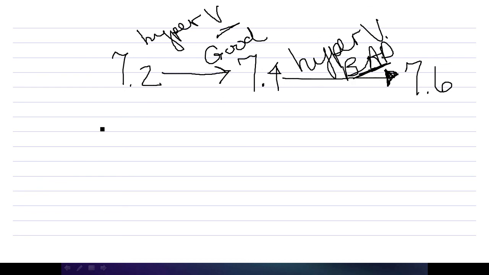Vice versa, let's say that you are starting out at a pH of 7.6. In this case, you need to get back to neutral. So you're alkaline, but you need to get back to neutral.